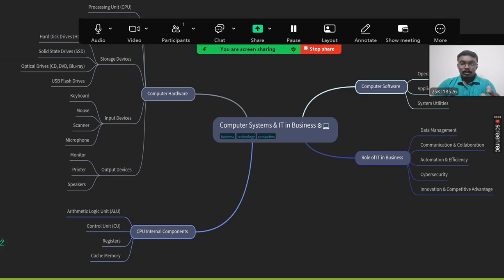The arithmetic logical unit is a digital circuit which performs arithmetic and logical calculations, like calculators and all the logical reasoning. The ALU mainly focuses on that. The control unit, CU, is a fundamental component within the CPU.